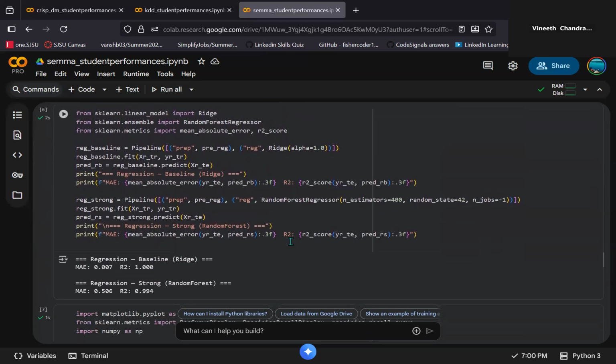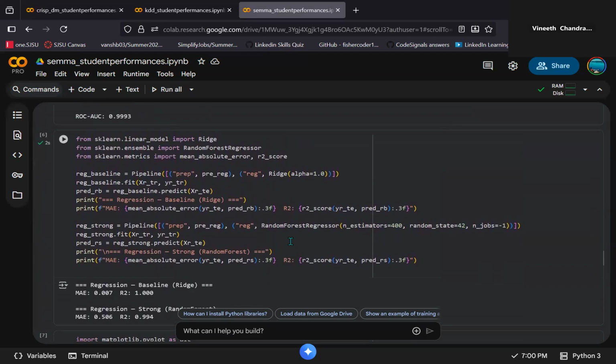And now coming to the assess phase, testing how well the models generalize. For classification, I evaluated the ROC and precision-recall curves and even calculated the recall at top 15%, simulating an intervention scenario: how many top performers we could identify with limited resources.